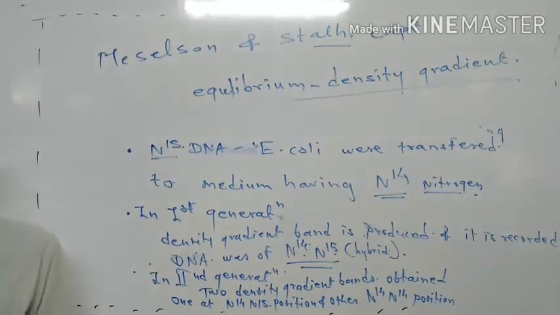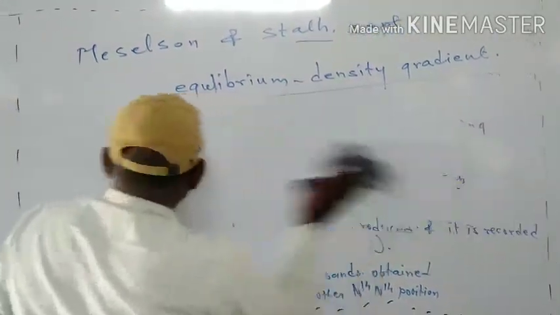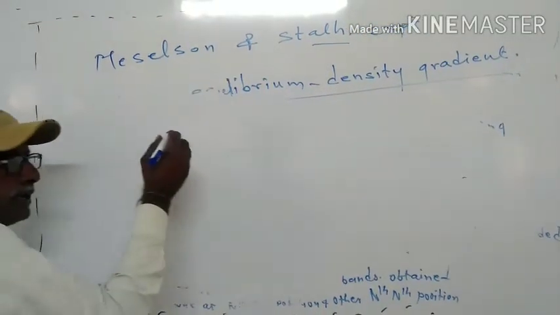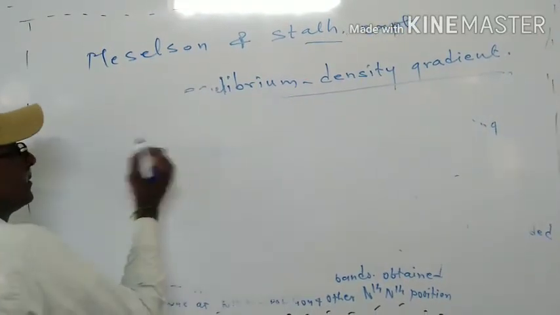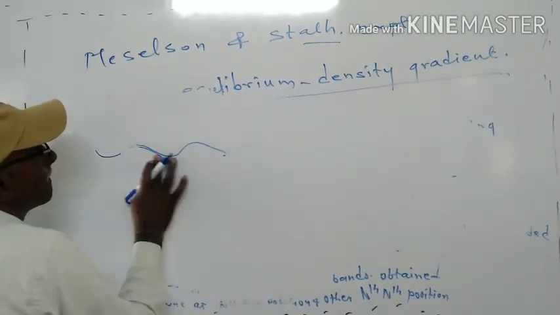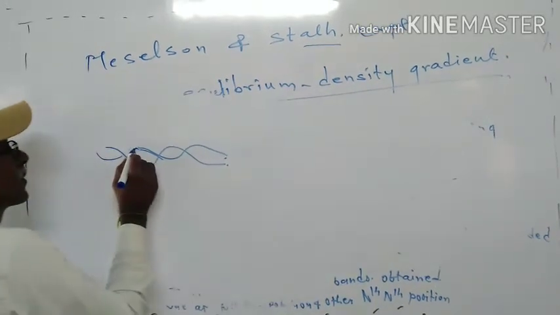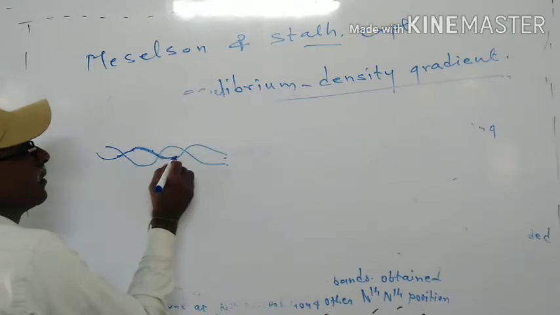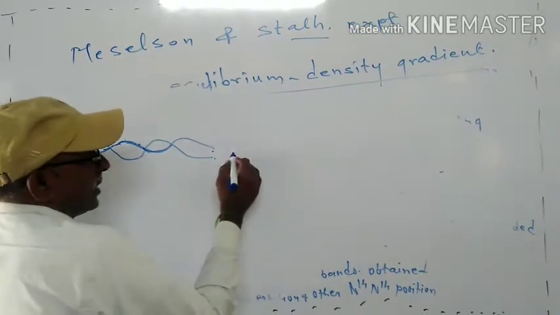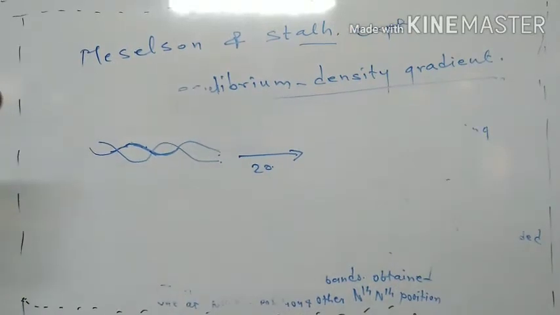Now, I will explain these two steps with the help of a figure. Suppose when N15 is transferred, this N15 DNA, with both strands of N15, is transferred to which material?